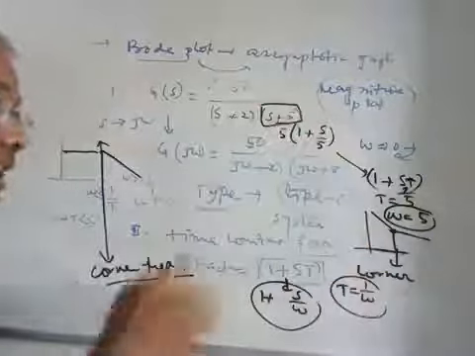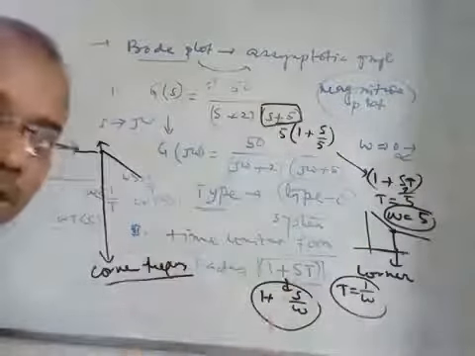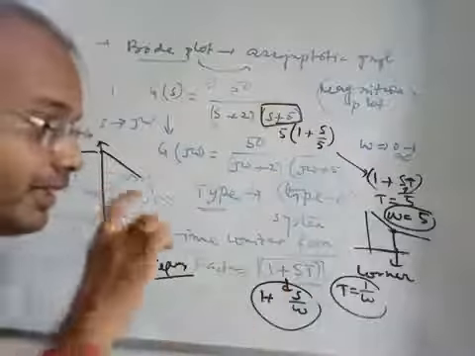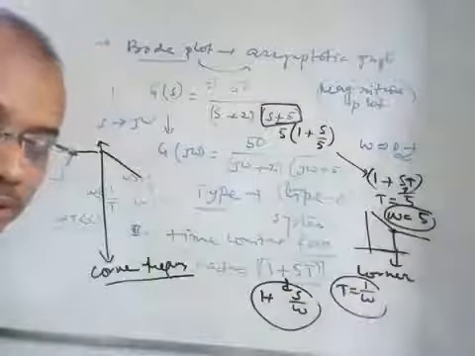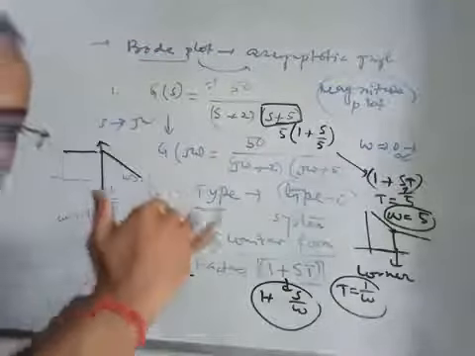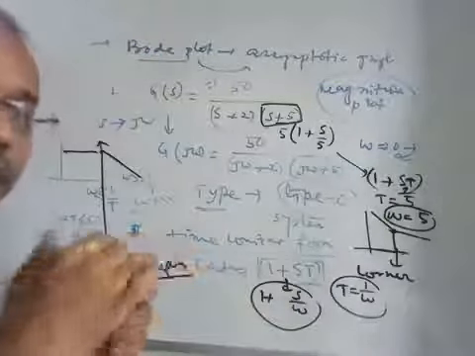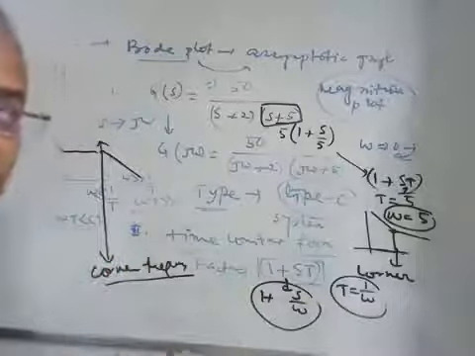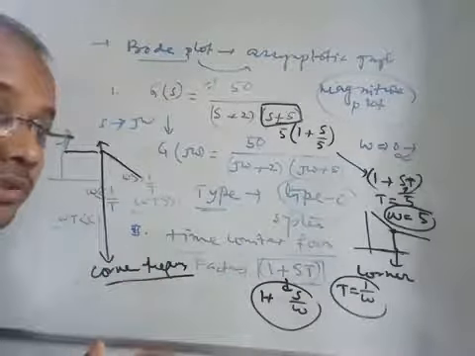Unless the time constant form is obtained, you will not get the corner frequency. Asymptotic plots are possible because we are going to get a straight line approximation of the actual graph.